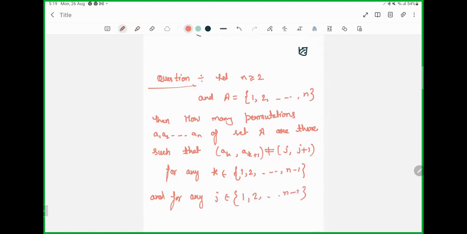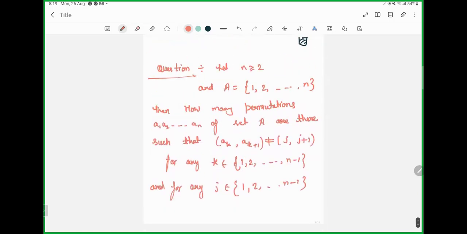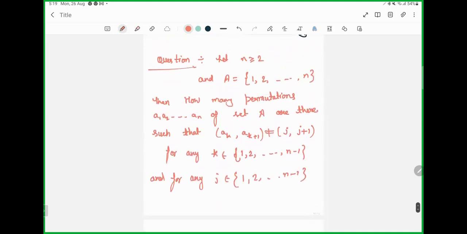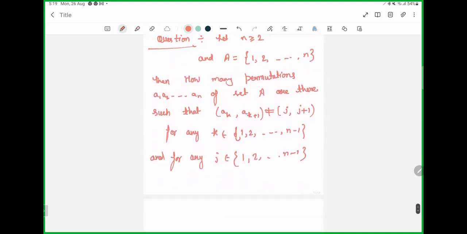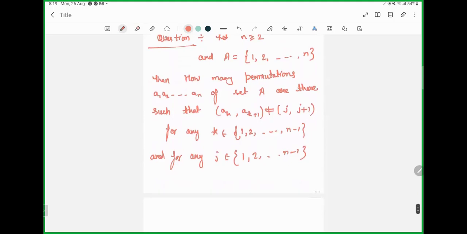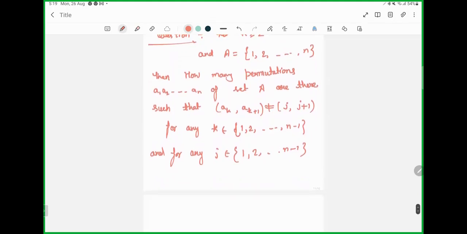So two consecutive terms should not be the same. We have to count permutations on n symbols such that two consecutive terms AK and AK plus 1 are not J, J plus 1. This is what we have to count.